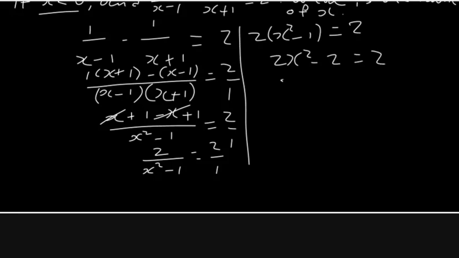So 2x squared is equal to 2 plus 2, which is 4. So x squared is equal to 4 divided by 2, which is 2.